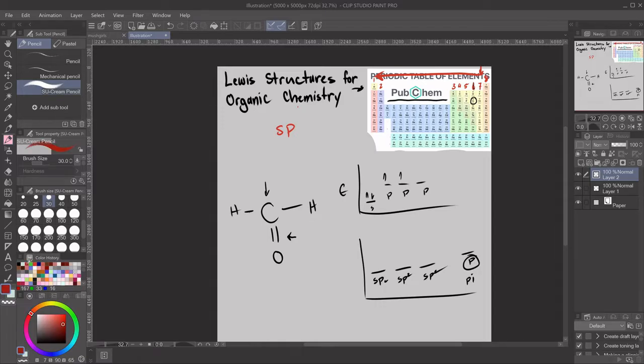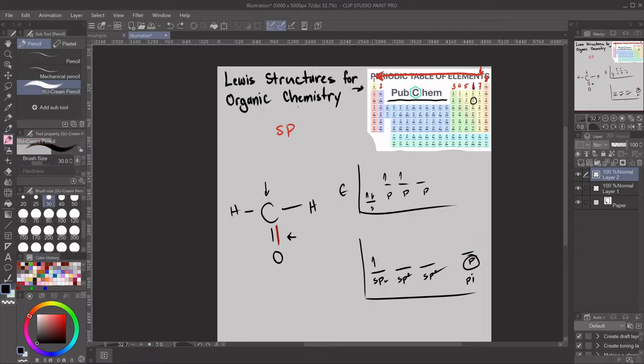And if you remember what I said earlier, double and triple bonds will be pi orbitals. So instead of having the electron from the carbon participating in an sp2 orbital to make a single bond, instead it will participate in the p orbital to make a double bond.